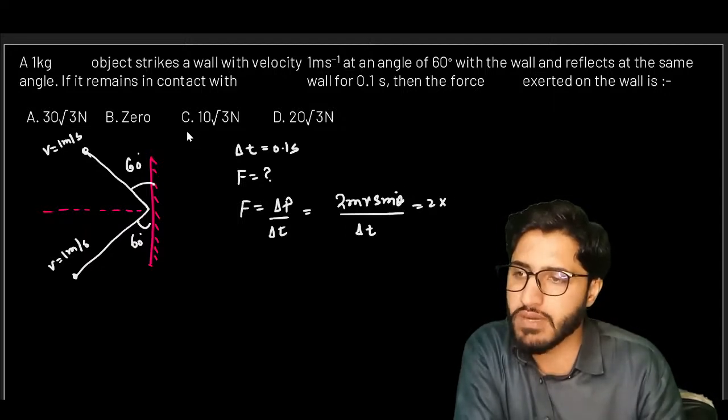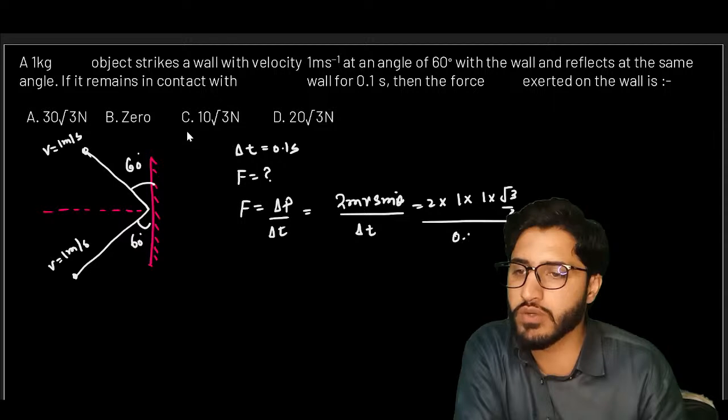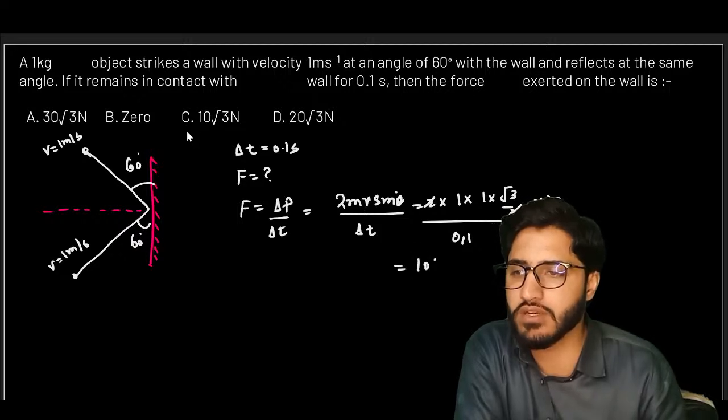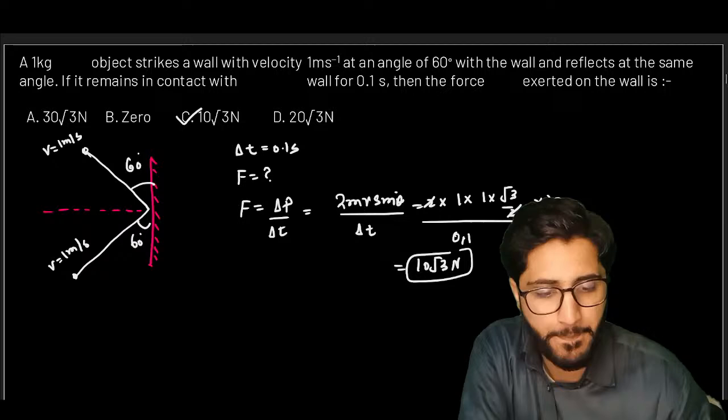Mass is 1, v is 1, sine 60 is root 3 by 2, whole divided by 0.1. So the 0 point cancels out, I write 10, the 2 cancels out. So my answer is 10 root 3 Newton. I guess option C is correct.